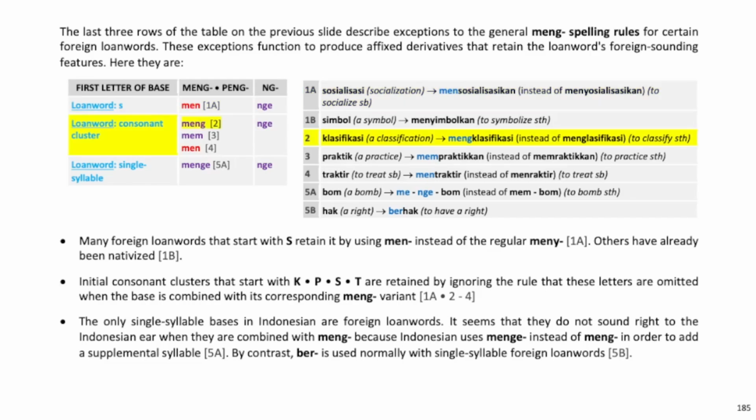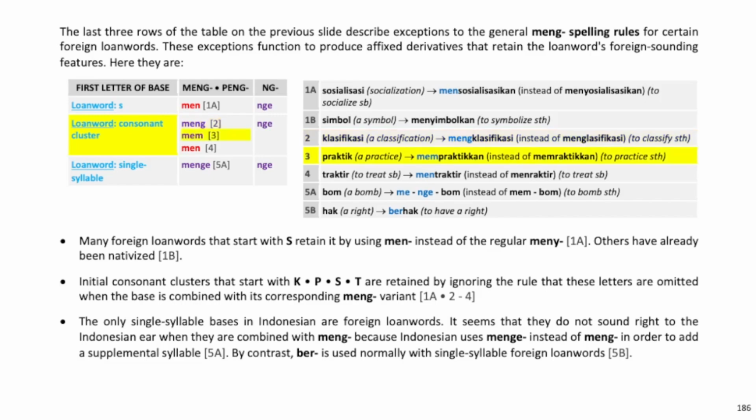If the loanword base starts with a consonant cluster, it may be meng, mem, or men, depending what the first letter is. So for example 2, klasifikasi, that would normally combine with meng, and the K would be kicked out. But here it combines with meng as normal, but you keep the K to retain the sound. So you get mengklasifikasikan instead of mengasifikasikan, to classify something.